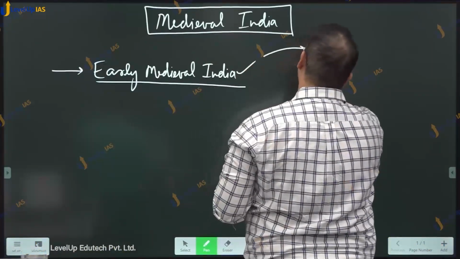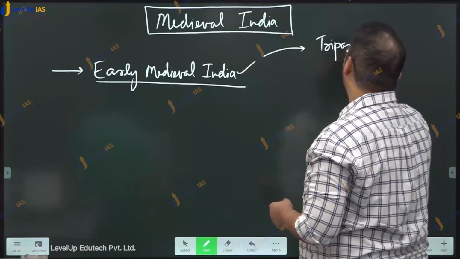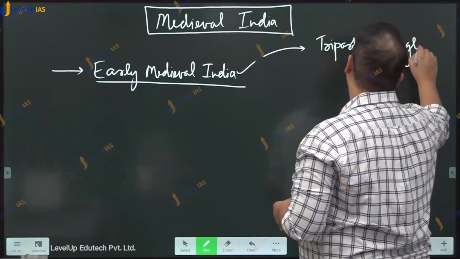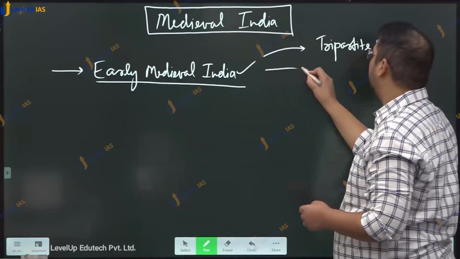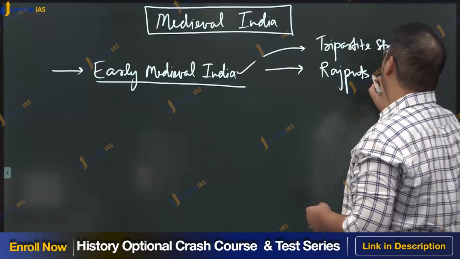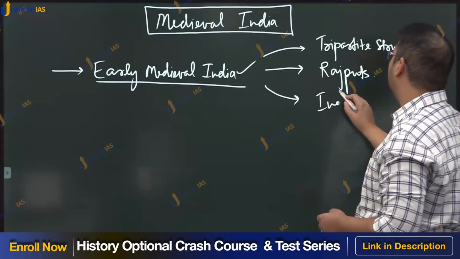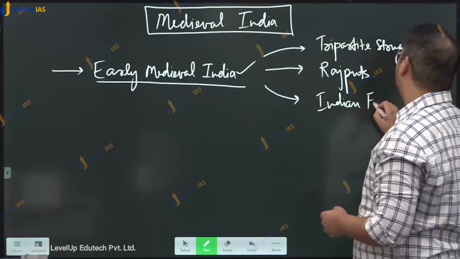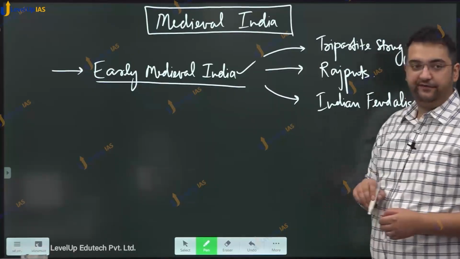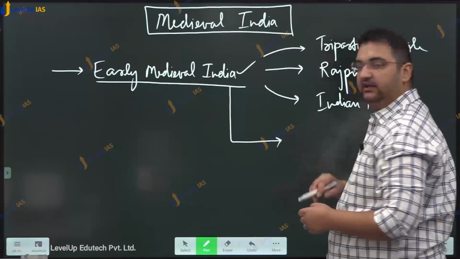Within this, major themes that we have looked at include the tripartite struggle, the Rajputs, and the debate on इंडियन फ्यूडलिज्म. ठीक है, इसके कुछ पोर्शंस हमको अलग से कवर करने हैं.